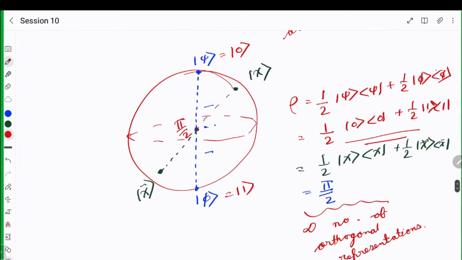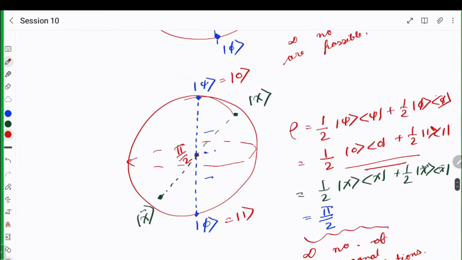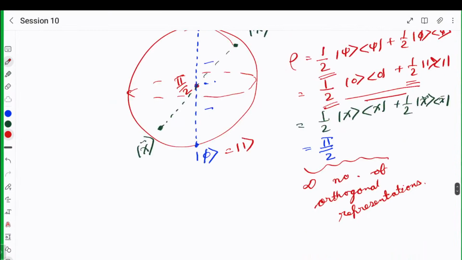And in some sense it is maximally mixed, in the sense that if you take half and half of any two orthogonal pure states and mix them, then you get I by 2. So that's why it's called a maximally mixed state.